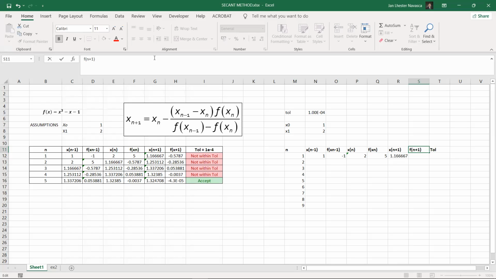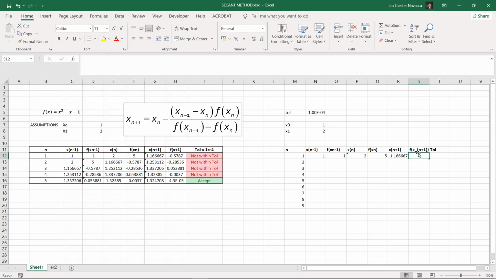F of x, dapat ito may sub ha. Baka malito kayo. Baka gawin nyo may plus 1. Nakuha ba yung class? Dapat ito ay f of x sub n plus 1, kung ano to mismo.